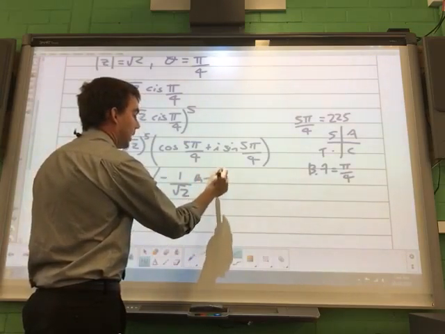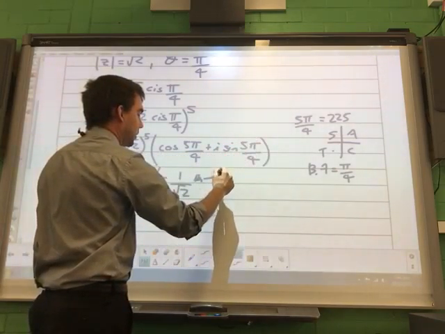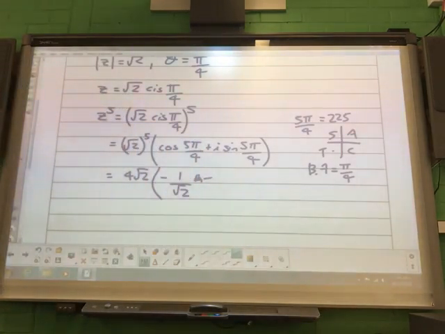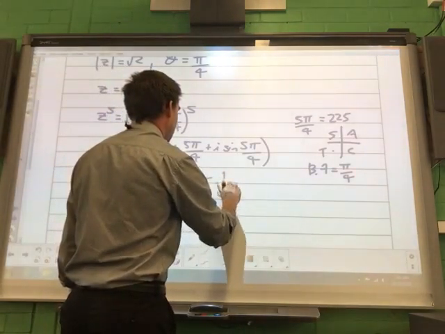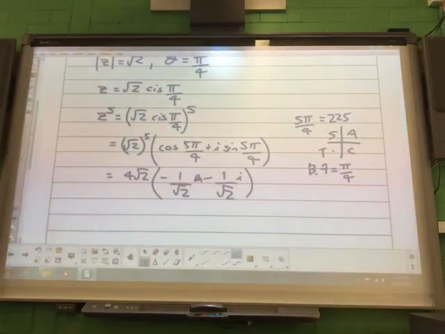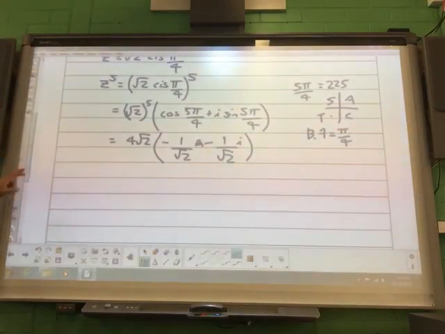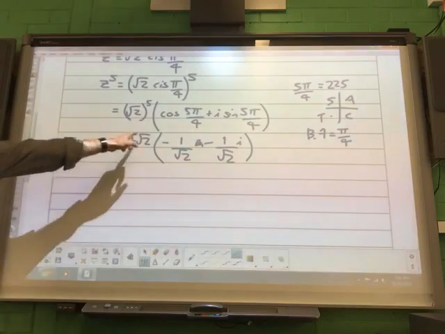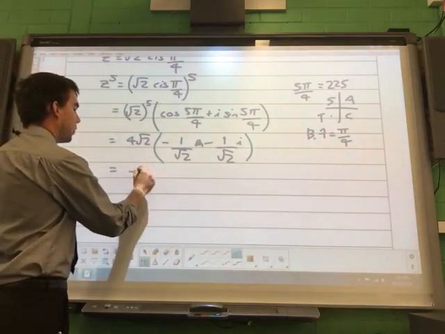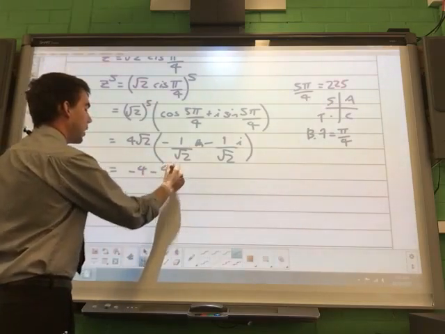This will be negative because sine's negative in the third quadrant. And what is sine of pi on 4? This one works nicely because the root 2 will cancel here and here. So it's going to equal negative 4 take away 4i.